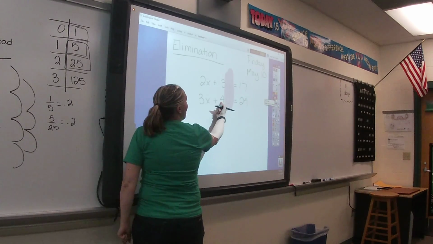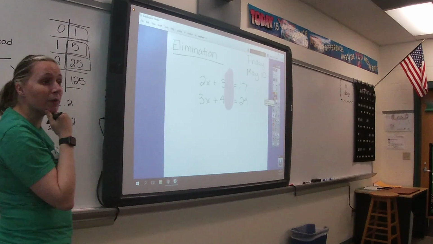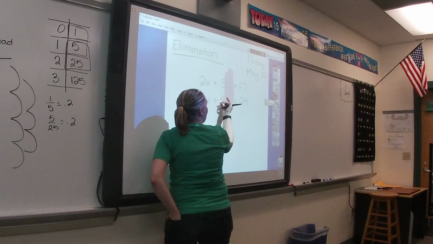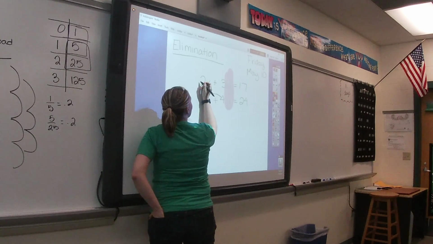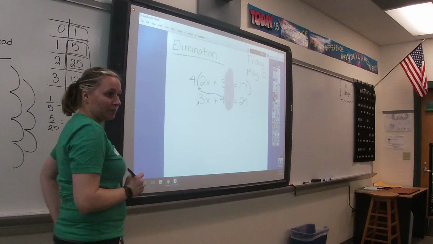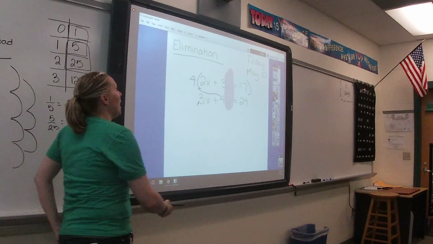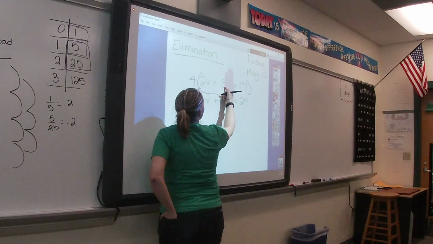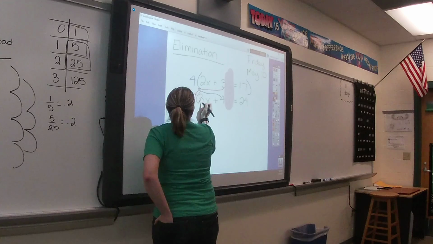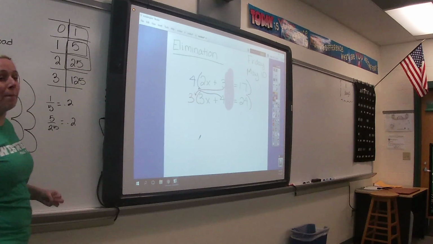Whatever coefficient, a coefficient is a number in front of a variable, whatever coefficient is on the bottom, we are going to multiply by on top. Whatever coefficient is on the top, we are going to multiply by on the bottom.